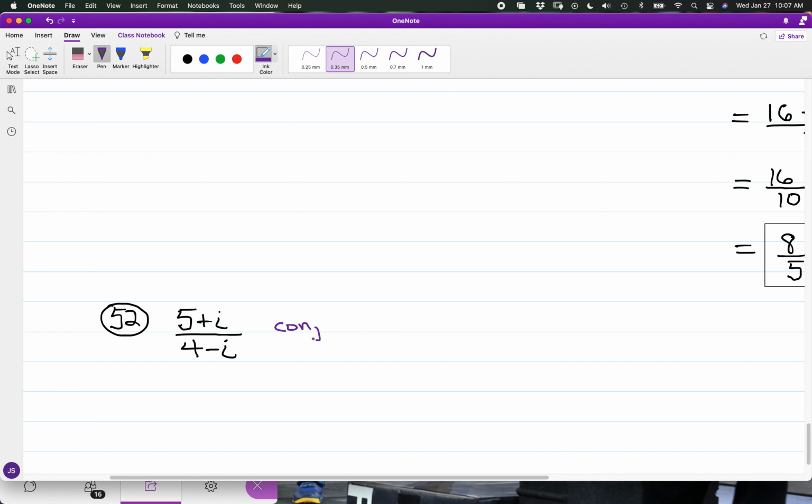And again, now we got a ratio of complex numbers in standard form, but the fraction itself is not a standard complex number.